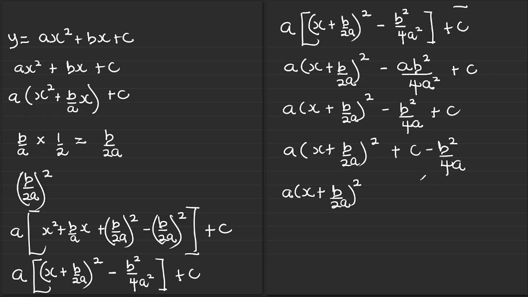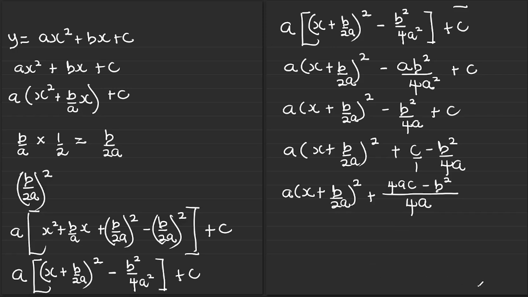For this, we have here the LCM is 4a. So we have our 4a, then there's over 1. So 1 into 4a, how many times? 4a. 4a times c gives us 4ac. Then we have 4a into 4a once. The 1 times negative b squared gives us a negative b squared.